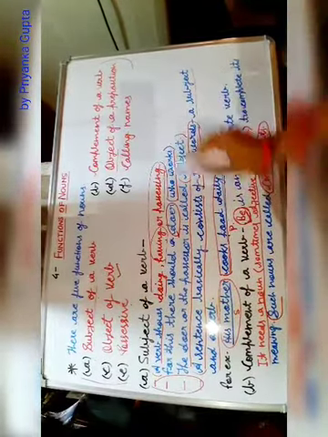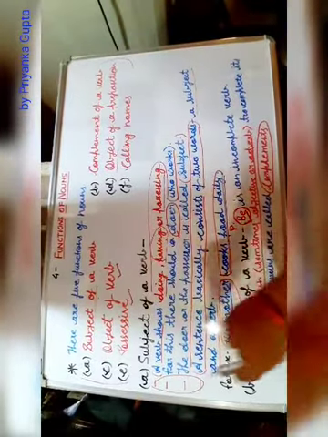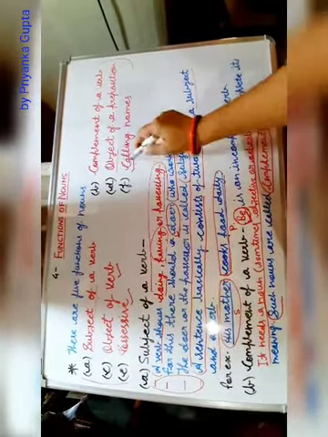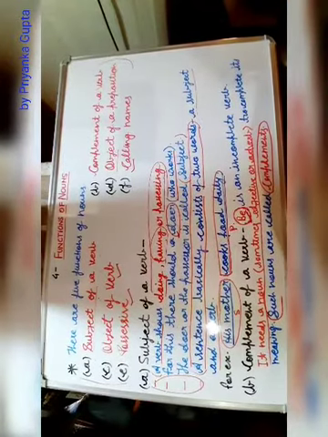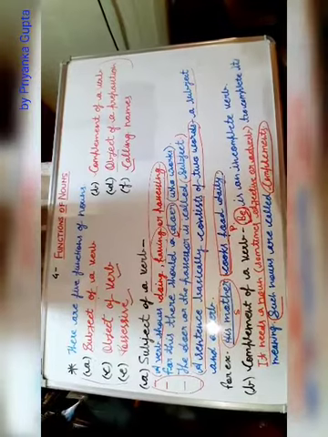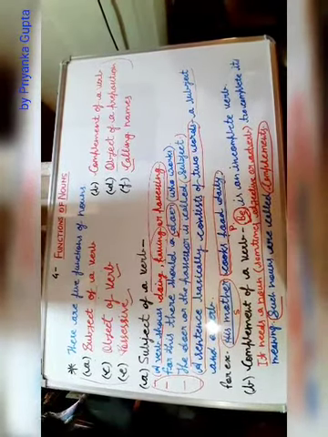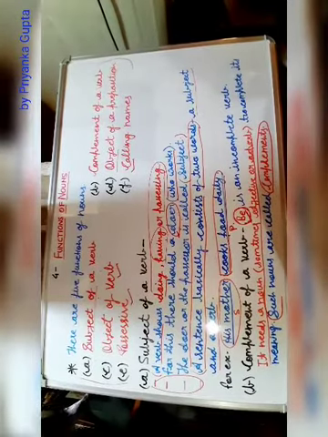Next is your object of a preposition. Next, possessive. And the last one is calling names. So, there are 5 functions of nouns and we will study them one by one.